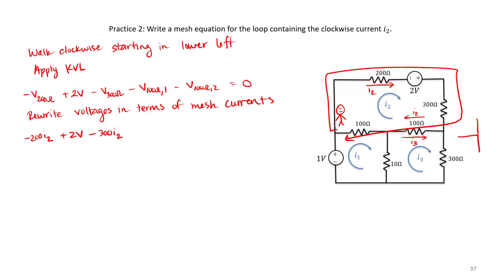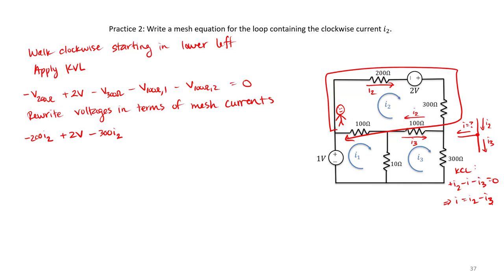If you're not sure how much is actually flowing through the resistor you want, you can also draw a little picture and apply Kirchhoff's current law. And you could recognize in this case that plus I2 minus I minus I3 equals 0, and you could determine that your current is just going to be I2 minus I3.